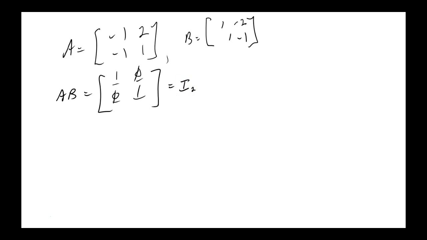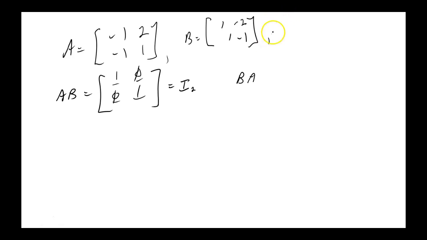Okay? Now, is that enough to show that these are inverses of each other? Well, frankly, I think probably so, but they just about always then will also do BA, just to make sure it wasn't a fluke.